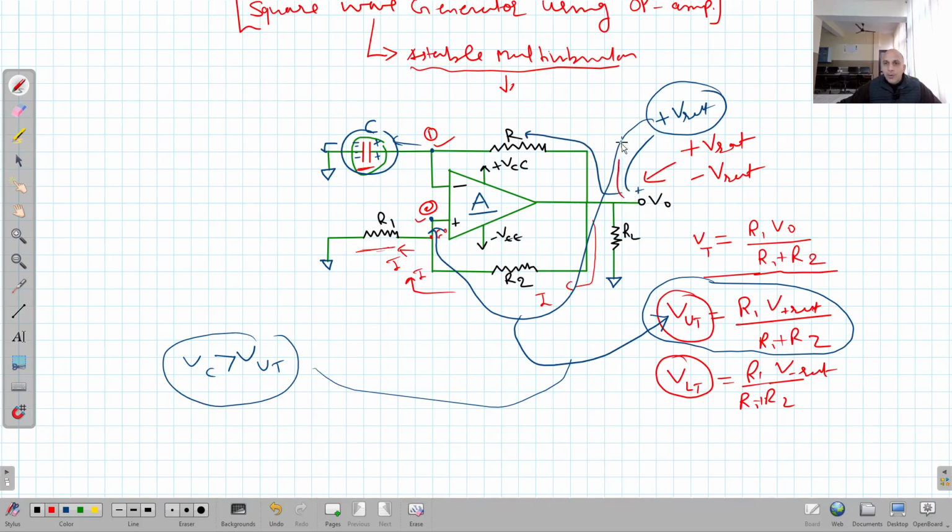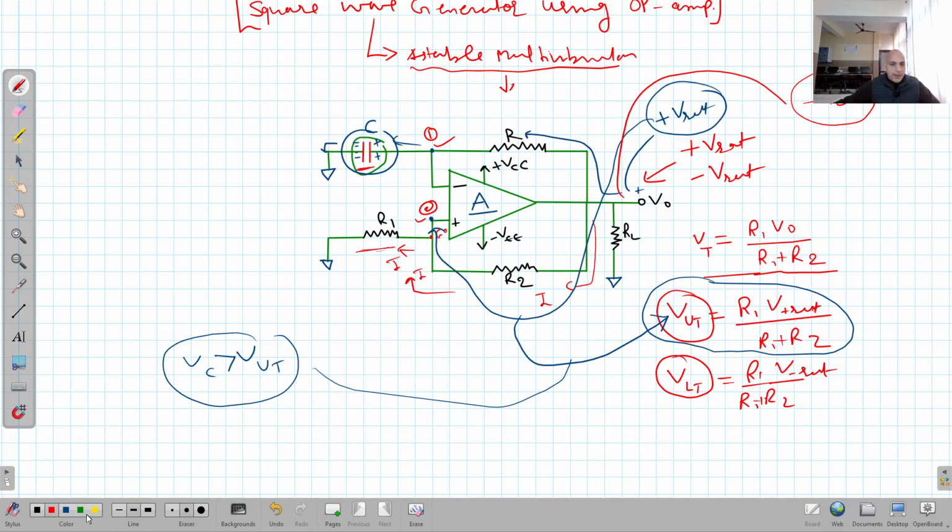So what will be the output now? It will go to the negative V saturation, right? So at that very time the output will get inverted from positive saturation to negative saturation. And when it happens, what will be the effect on the voltage appearing at this node?